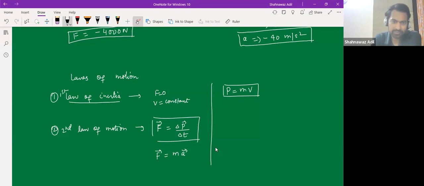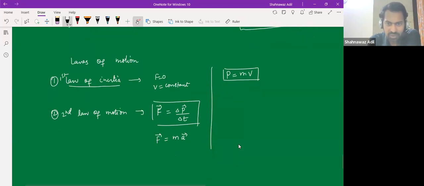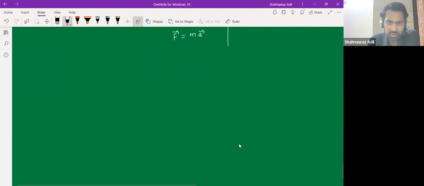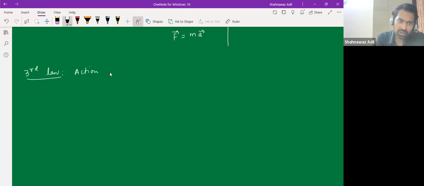Now let us talk about the third law. You guys already know the third law. Third law is action and reaction are equal and opposite, right?